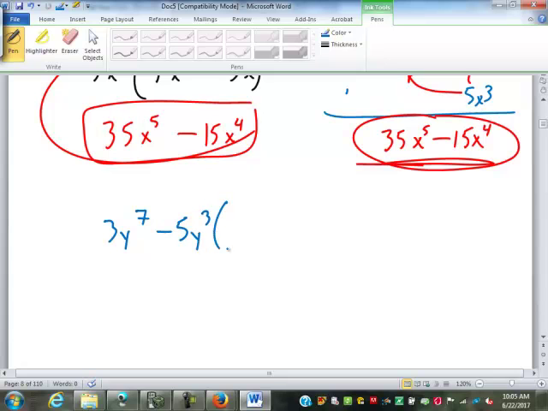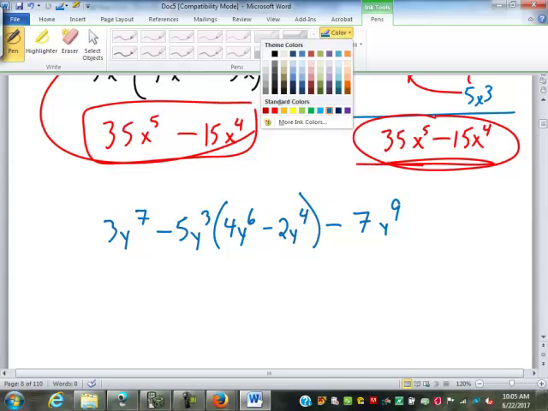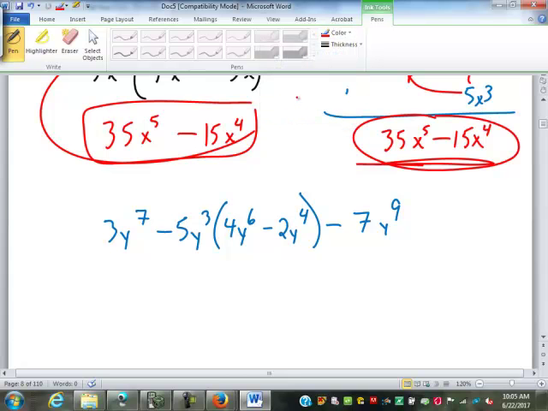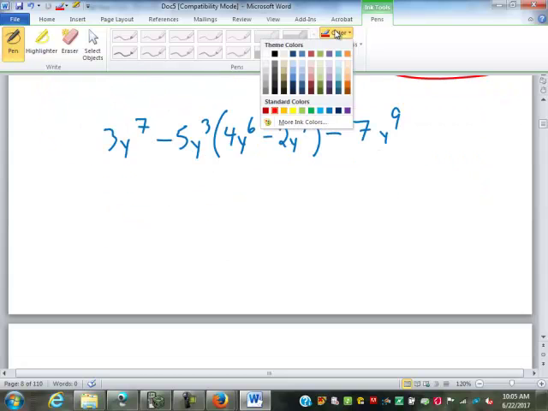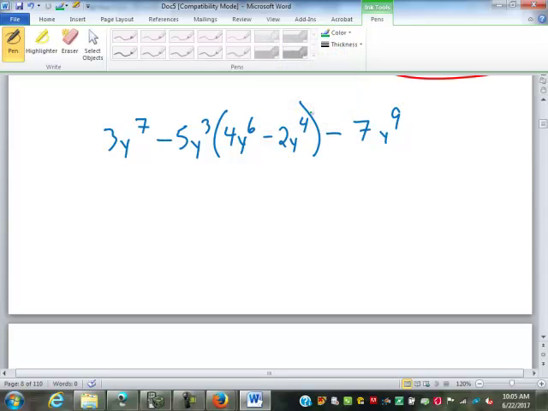Like on our test, we had one similar to this. Tell me what to do here. You have to distribute the negative 5y to the third inside. Perfect. We see the parentheses, and there's nothing we can do inside there. But there's something that needs to be done to them, and that is multiplying by the negative 5y to the third.